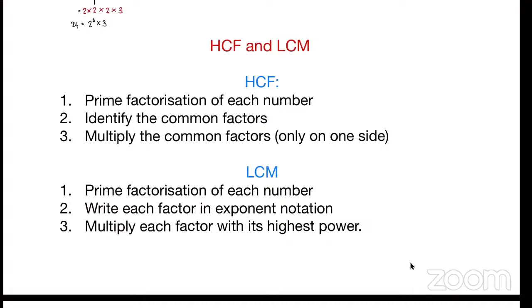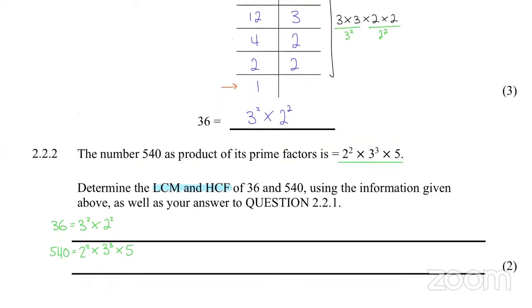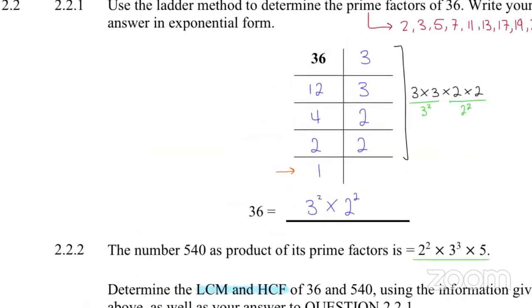Now, for HCF, we are not used to doing it in exponential form, right? So what we could do is write it out using the ladder method and then follow from there. So 36 we have as ladder method done. Let's do 540.